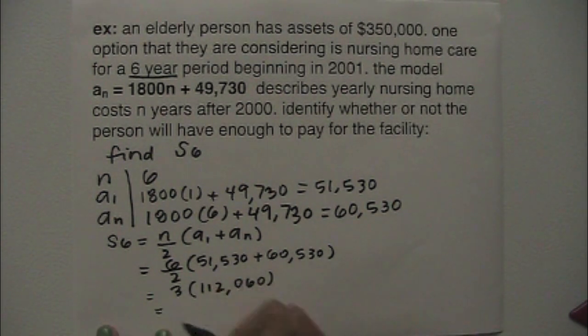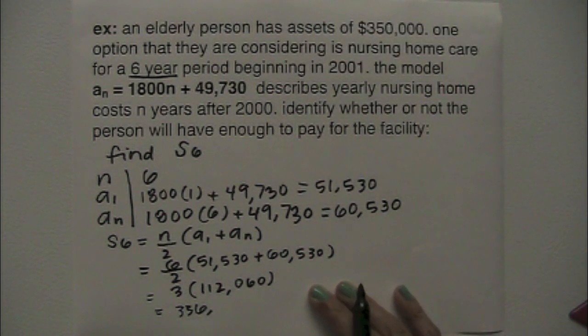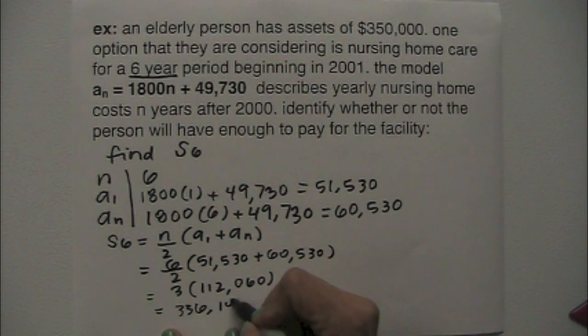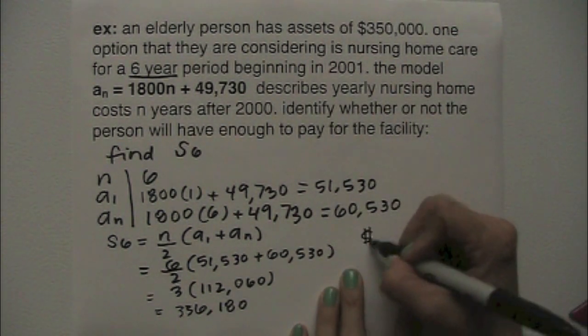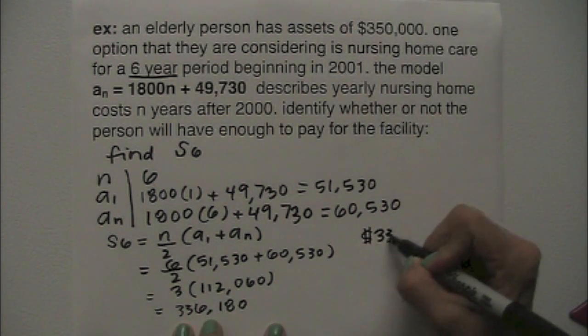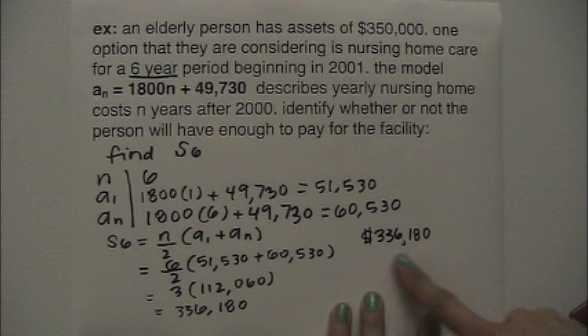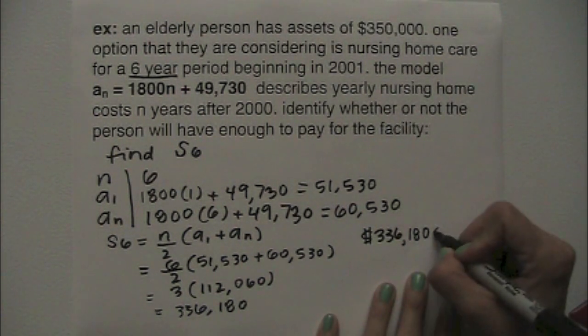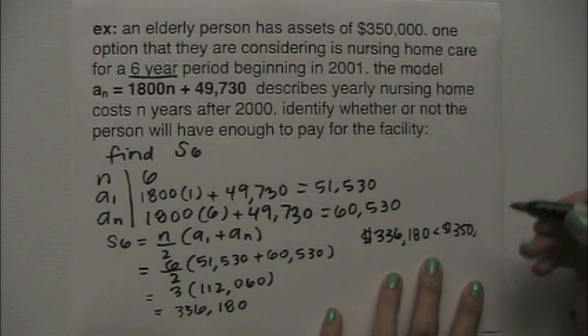Multiply that together, and what did I get? 336,000, let's see, 180. So let's check this. That amount is going to be less than 350,000.